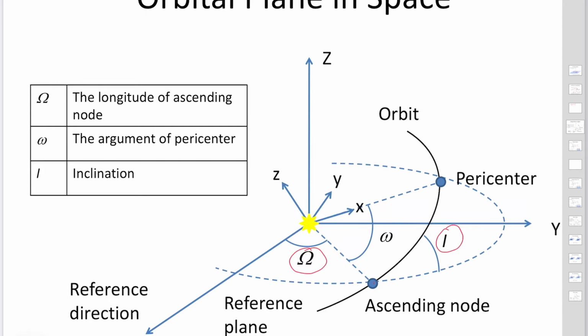And I is the inclination. To describe the position of the pericenter on the plane, we need one more angle, lowercase omega, the argument of the pericenter. But to describe the direction of the plane, we only need capital omega and the inclination.